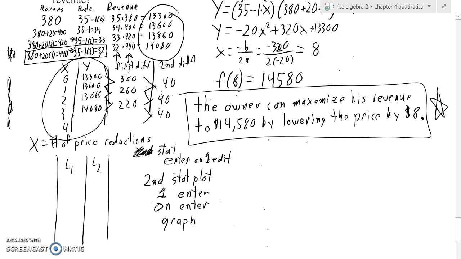And you'll get a nice graph of these points. That's useful, but not super useful. If we go back to stats, but this time we go over to calculate. If we go down to number 5, it says quad reg, which is quadratic regression. We hit 5 for list 1 and list 2, so we have to hit enter for list 1, enter for list 2.